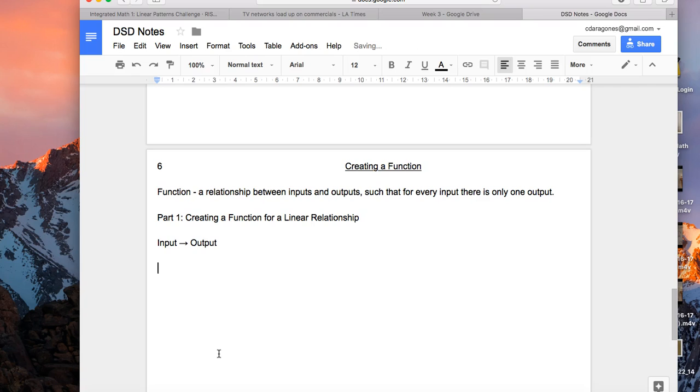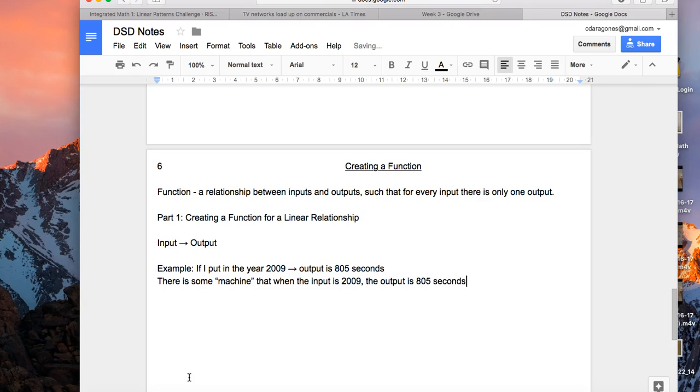So for example, if I put in the year 2009, my output is going to be 805 seconds, right? There is some machine, well, it's not exactly a machine, but you can think of it that way, that when the input is 2009, the output is 805 seconds, right?